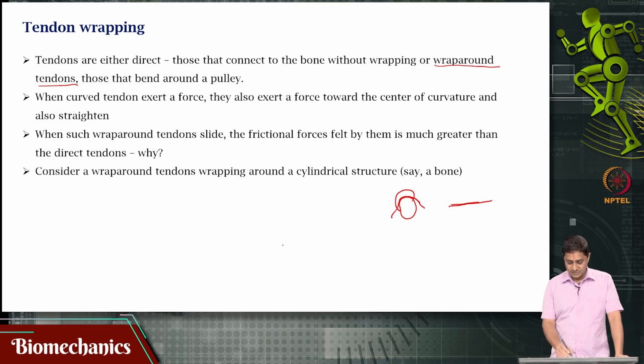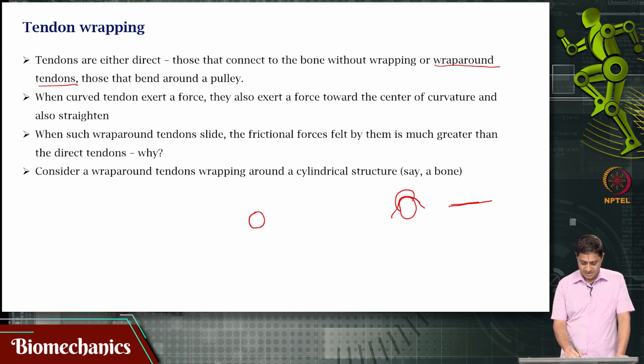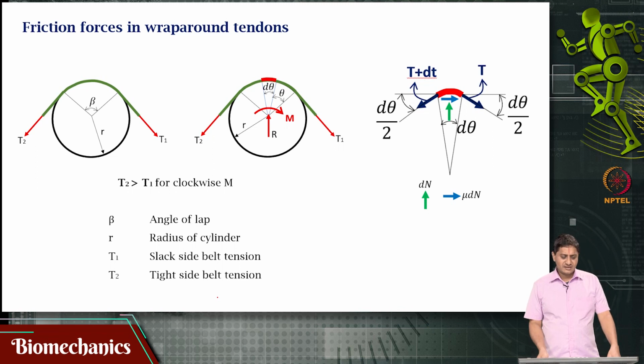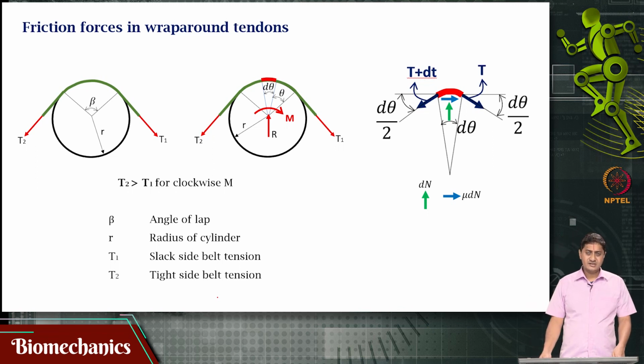Okay. So, let us consider a cylindrical structure and a tendon that wraps around it and connects here and then another. One is the proximal end and the other is the distal end. We are interested in studying the forces that are felt or exerted by this tendon. That situation can be modeled similar to a cylinder on which a belt has been wound around.